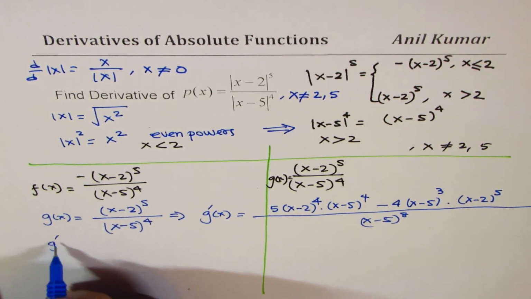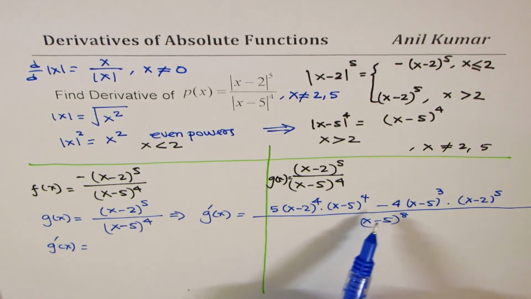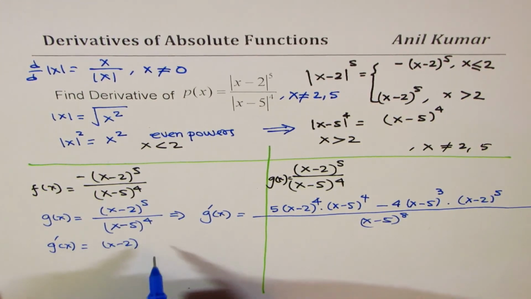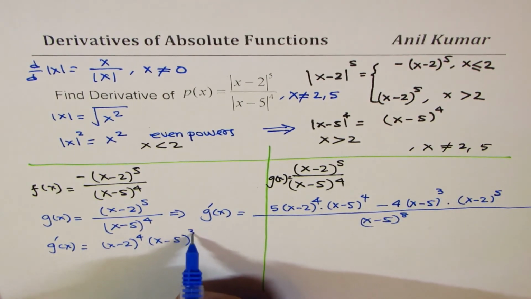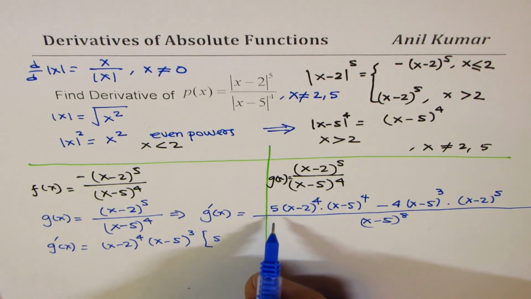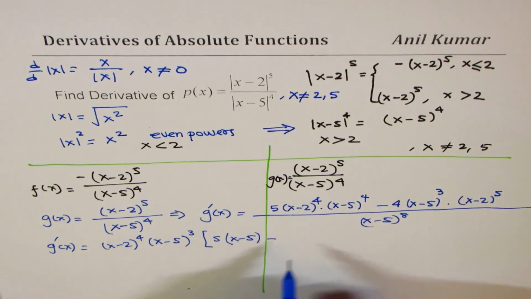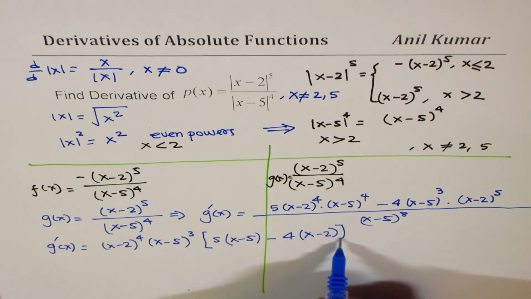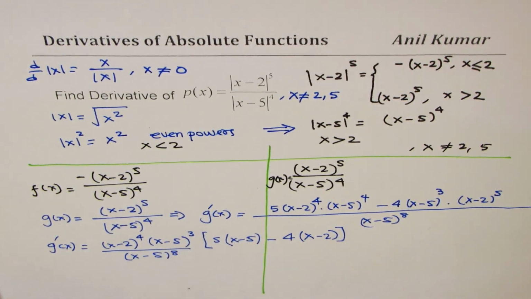So we can now write g dash x, we are doing only one half of it, by taking whatever we can as common. We could take (x minus 2) to the power of 4 and (x minus 5) to the power of 3 as common, right? That leaves us with 5 times (x minus 5) minus 4 times (x minus 2), and here we have (x minus 5) to the power of 8.